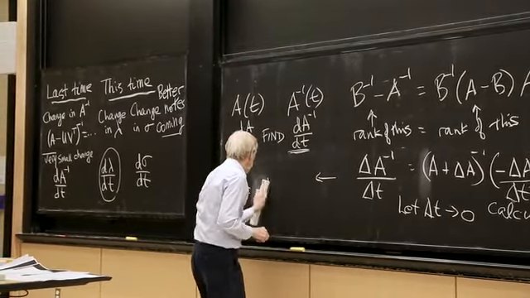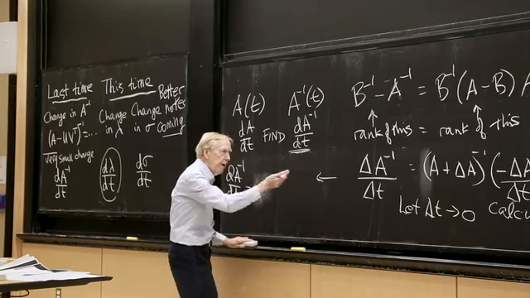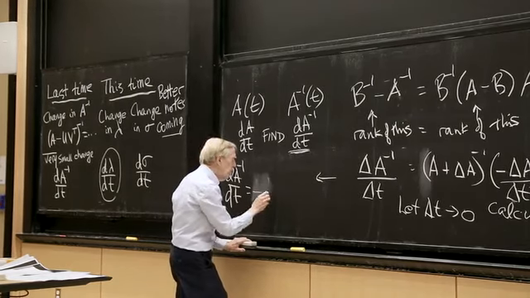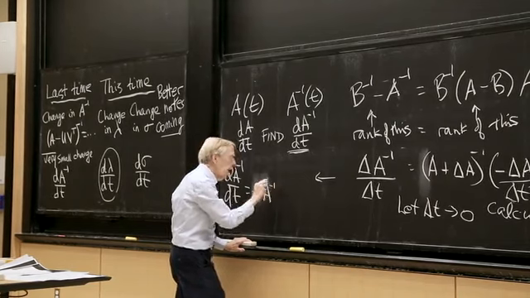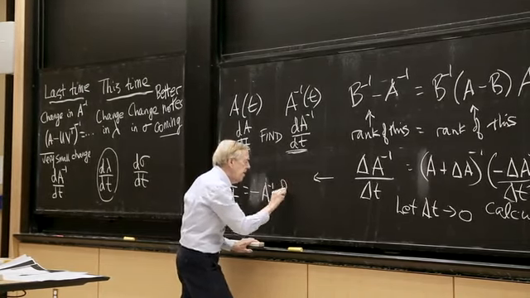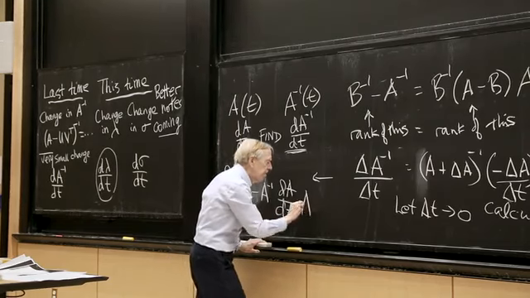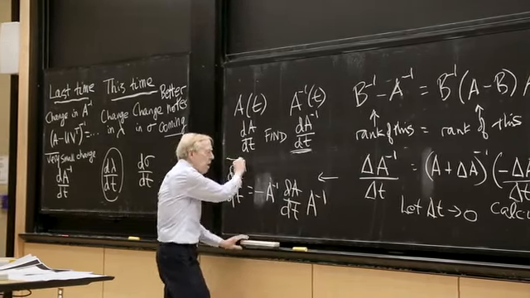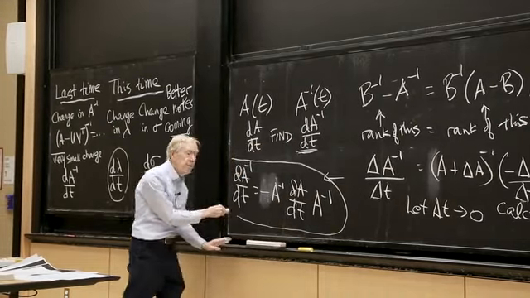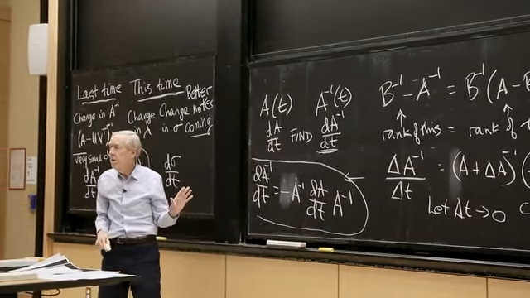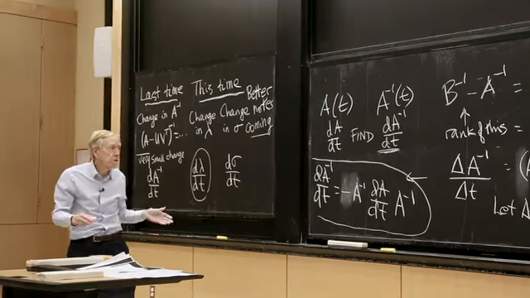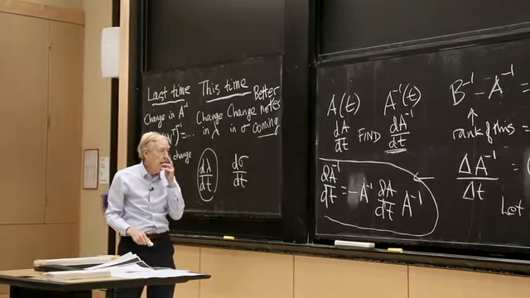The minus sign is in here. So I'm bringing out the minus sign. Then this was A inverse, as we had, and that's dA dt, and that's A inverse. That's our formula. A nice formula, which sort of belongs in people's knowledge.